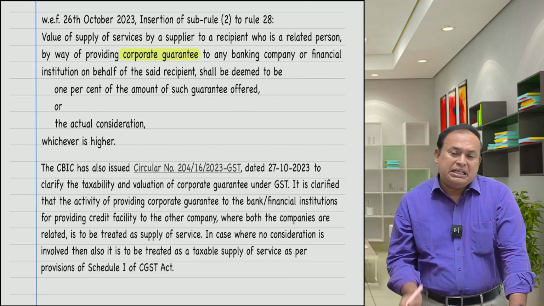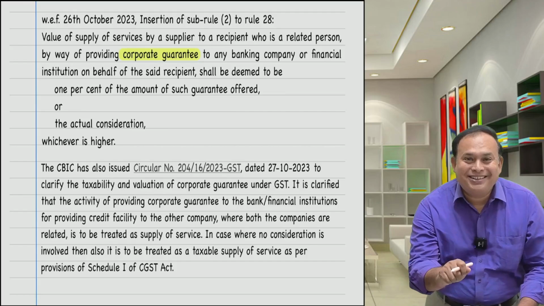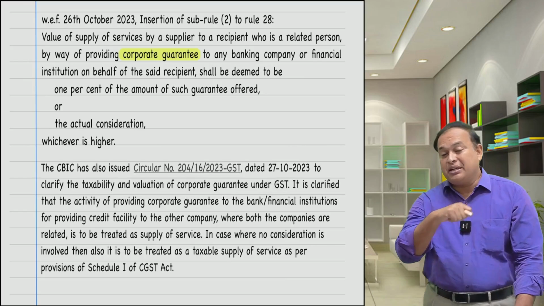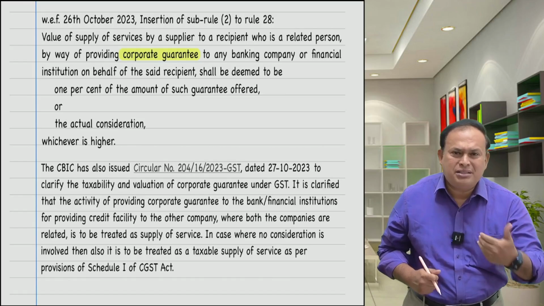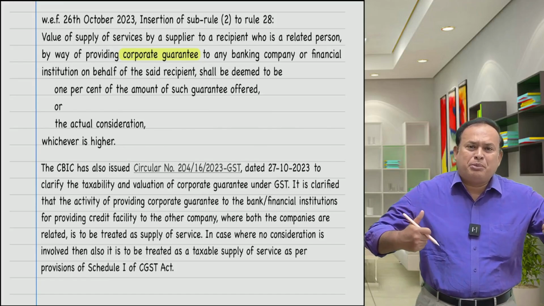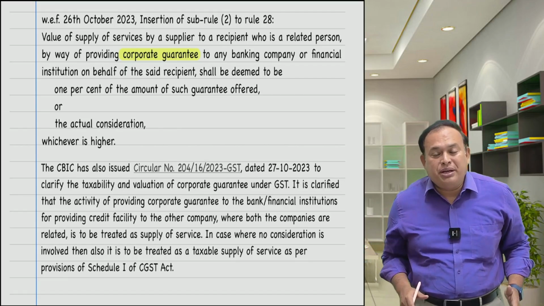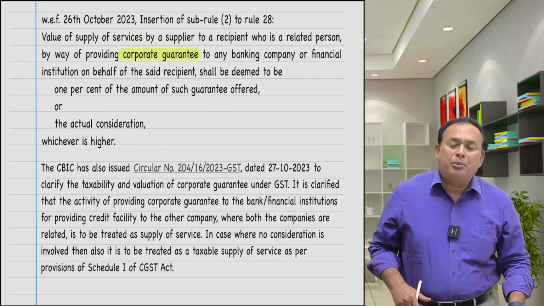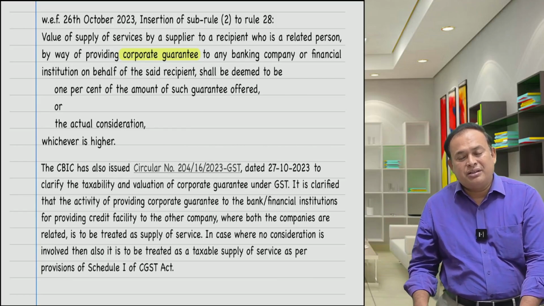Suppose the person is an ex-director, how is it possible? An ex-director of the company comes forward to give a corporate guarantee because he is a gentle person and also a Padma Shri, Padma Bhushan, for example, but he is an ex-director of the company and still has love and affection for the company. The company approaches him: sir, please help us, we want to get the corporate loan, sir. Give the guarantee, sir.